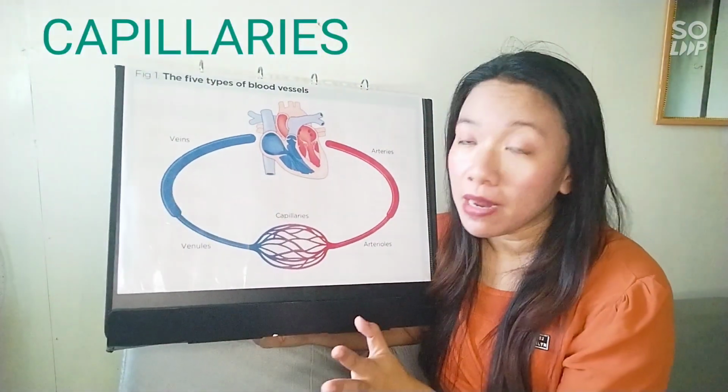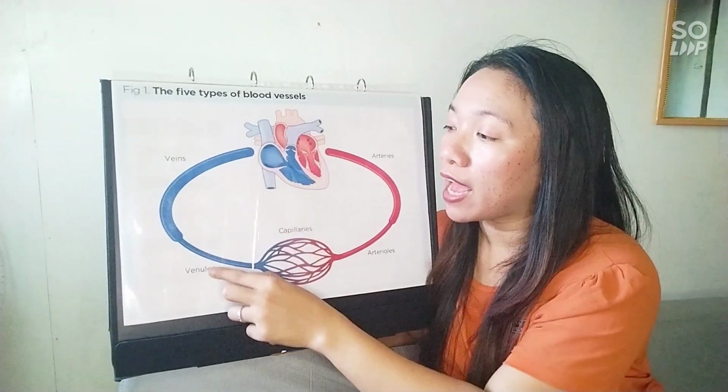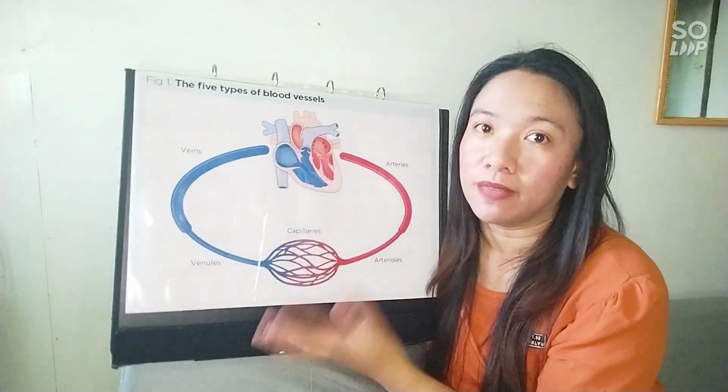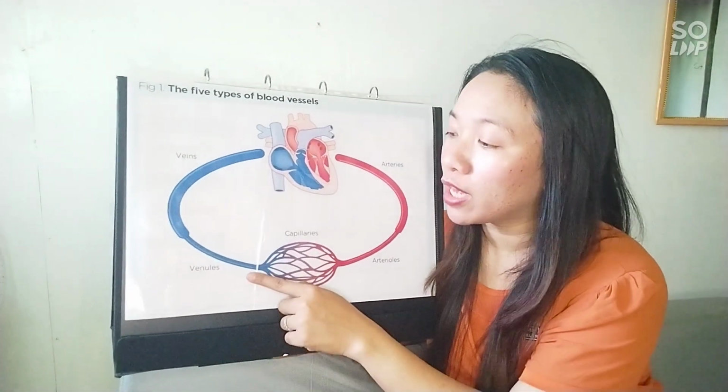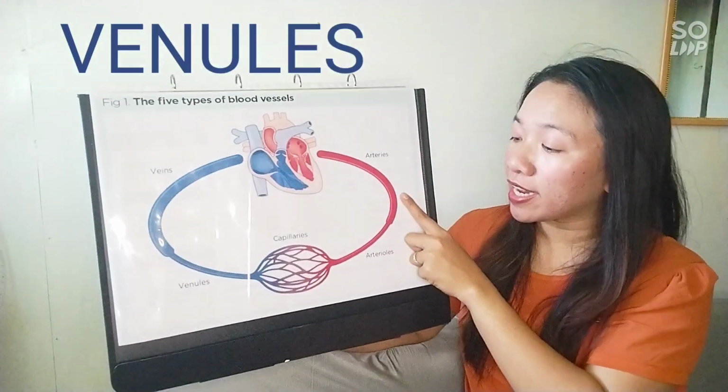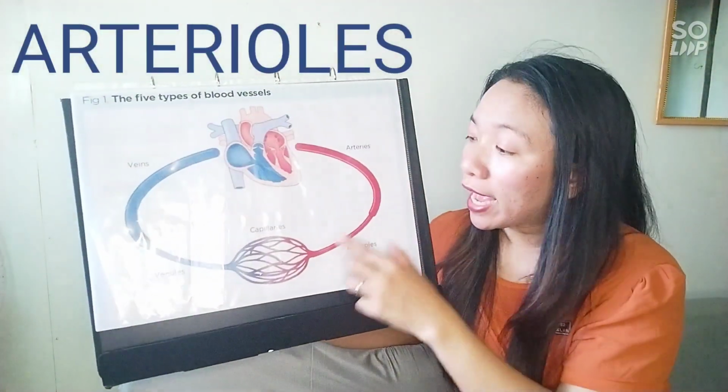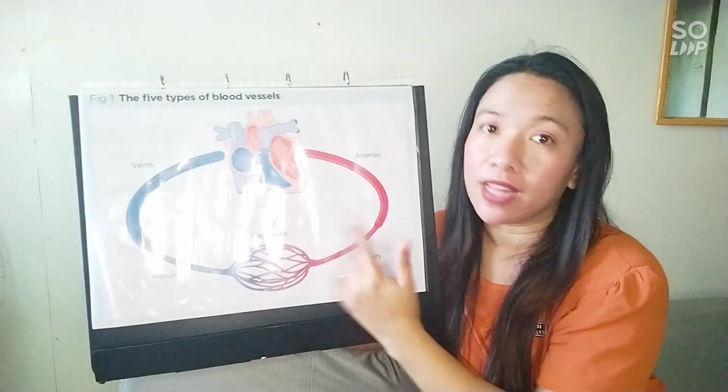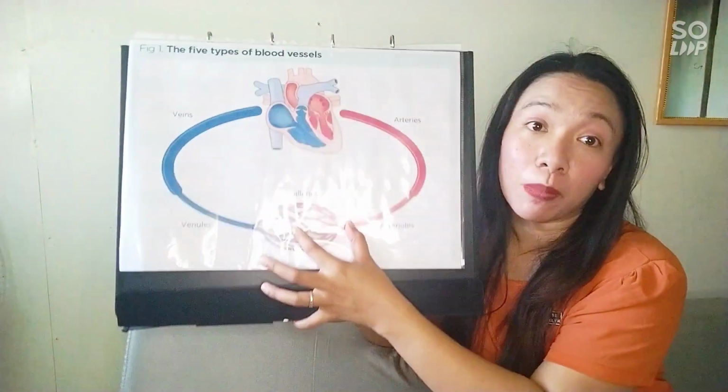So, kaya siya naging 5 kasi yung veins ay meron pa siyang mas maliliit na branches. Ang tawag doon ay mga venules. And the arteries, ang tawag naman ay mga arterioles. And sa venules and arterioles, doon nagko-connect ang ating mga capillaries.